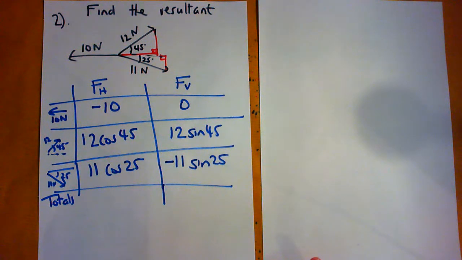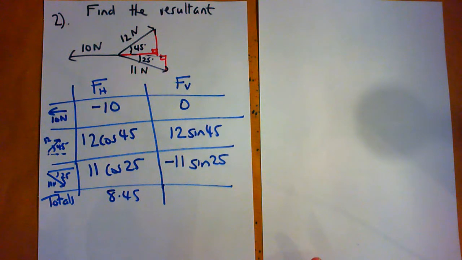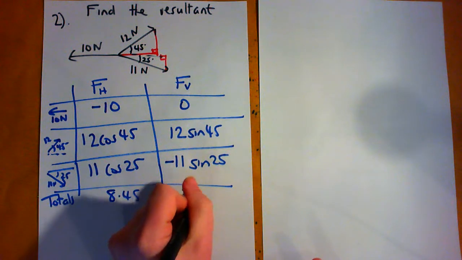Negative 10 plus 12 times cosine 45 plus 11 cosine of 25 is 8.45. And in the vertical direction, we have 0 plus 12 sine 45 minus 11 sine 25 is 3.84.